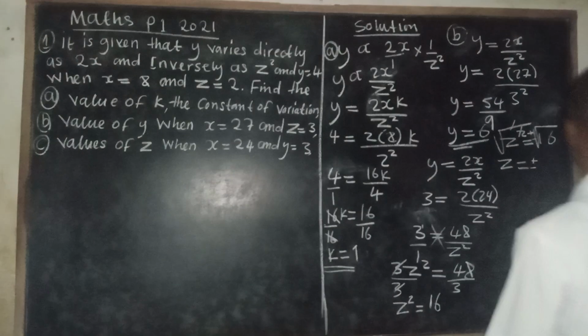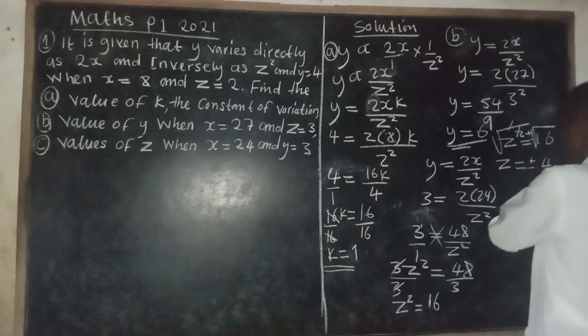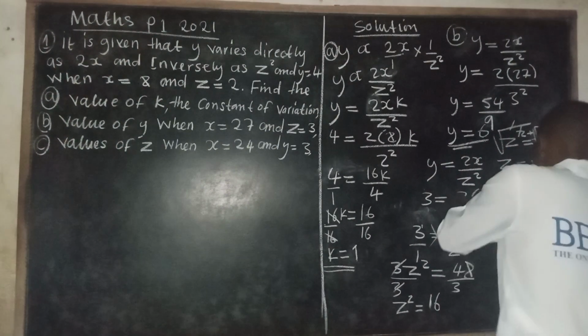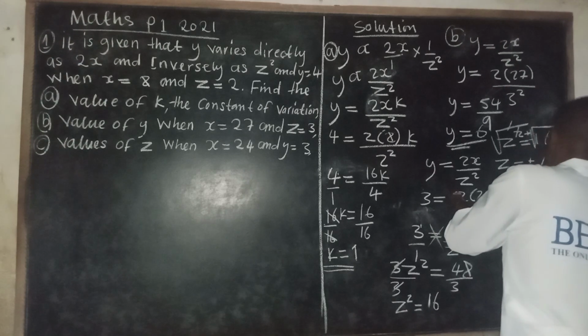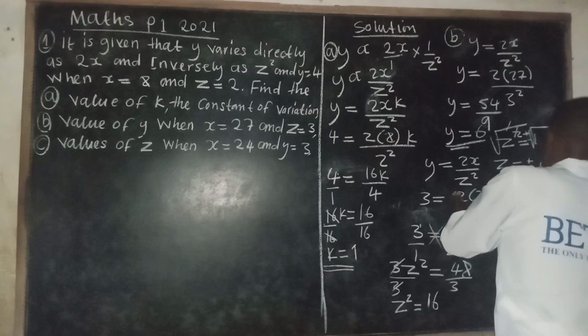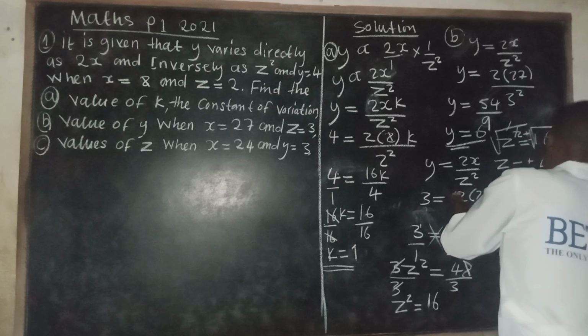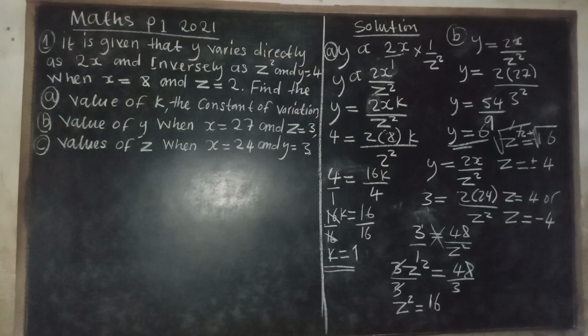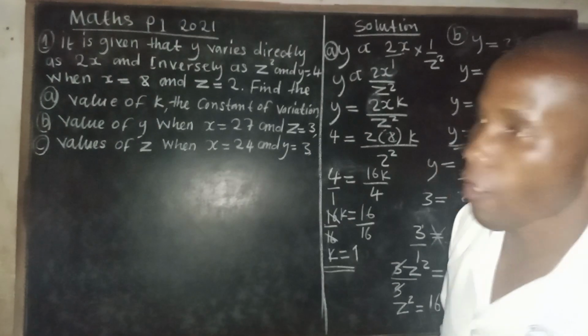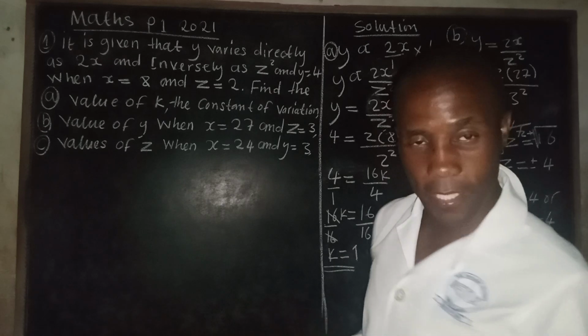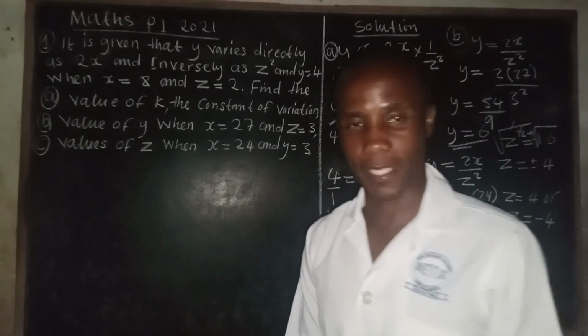The square root of 16 is 4. Therefore z is equal to 4, or z is equal to negative 4, because we have two signs there. So that is how we handle variation type of questions.